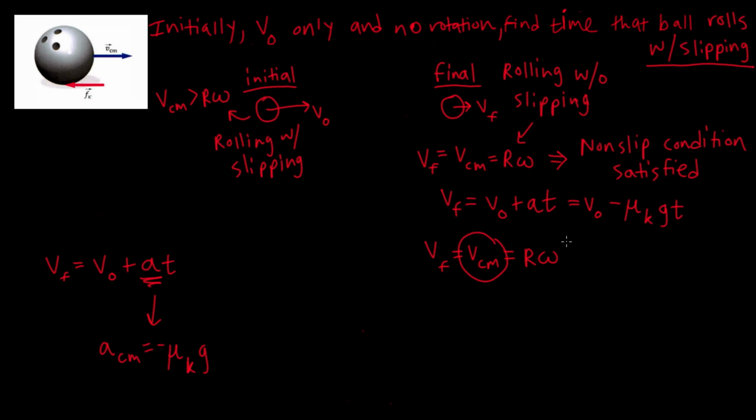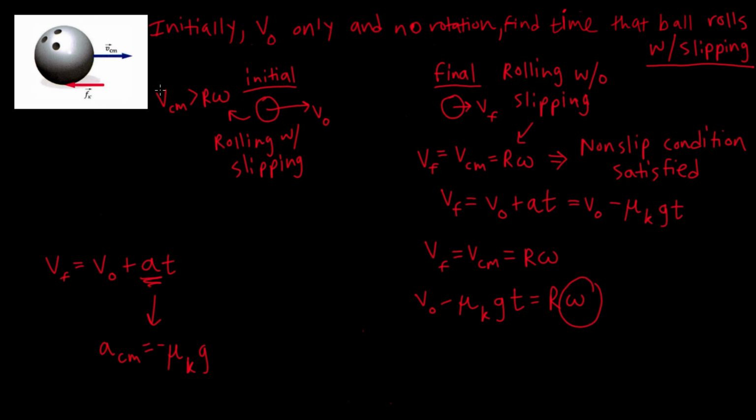And so notice that this velocity of the center of mass, since that equals the final velocity, has to equal this entire expression right here. So we can just plug in this entire expression into our velocity of the center of mass. And if we do that, we get the following expression, and that's equal to r times the angular speed.